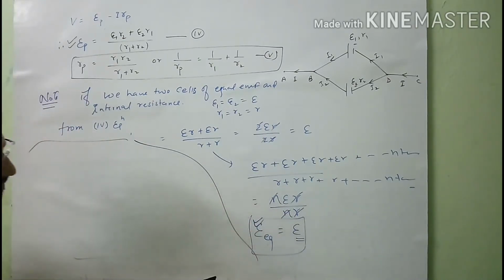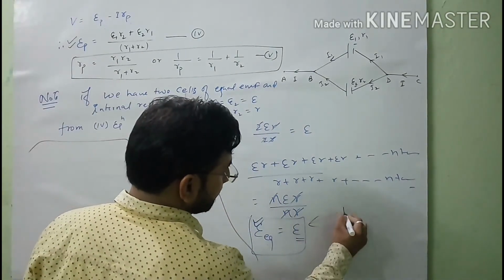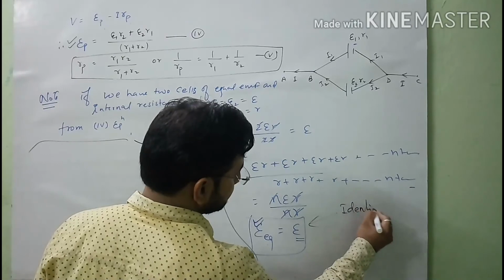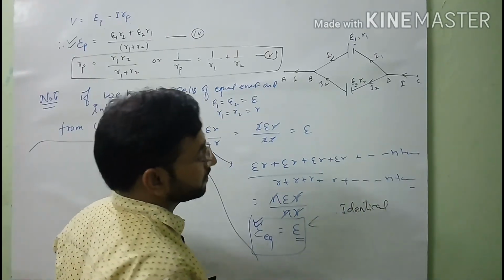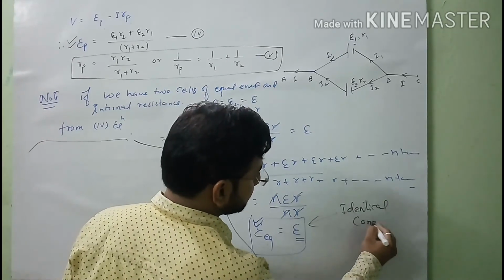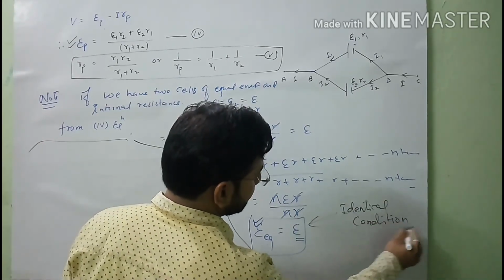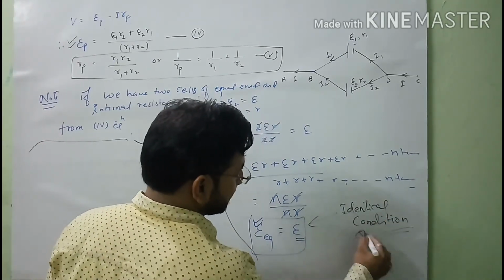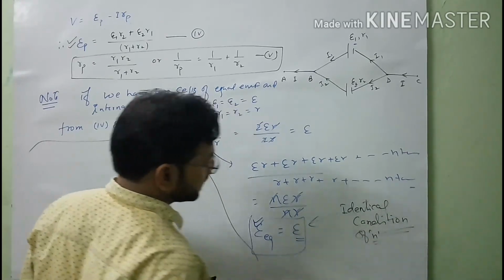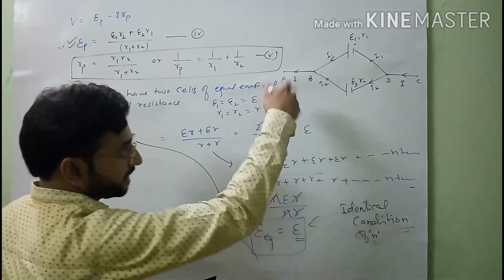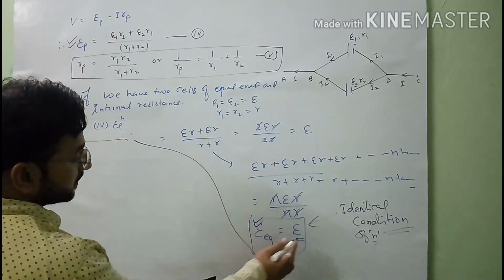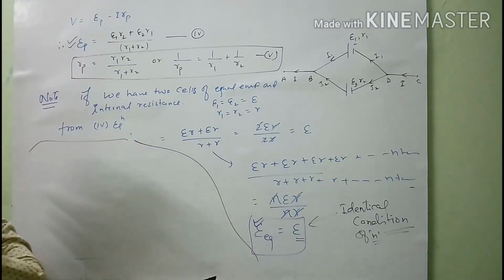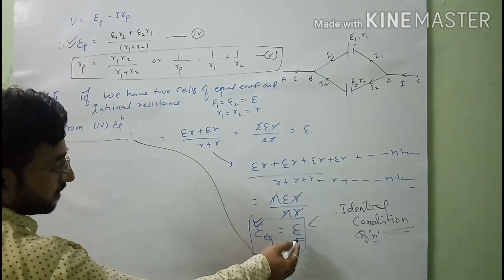This is the condition when the cells are identical, means the condition in which all cells have equal EMF is called identical condition. So for identical n cells connected in parallel form, the equivalent EMF is equal to epsilon.